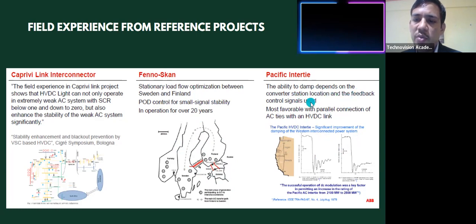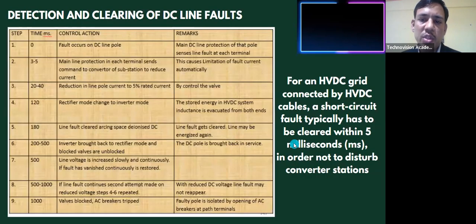And that is a parallel connection of AC ties with the HVDC link. They have used this technology in parallel with the existing AC system. So again, by using these especially run-up functions and other controllers, very stable operation is possible.